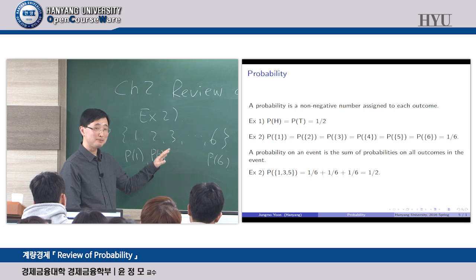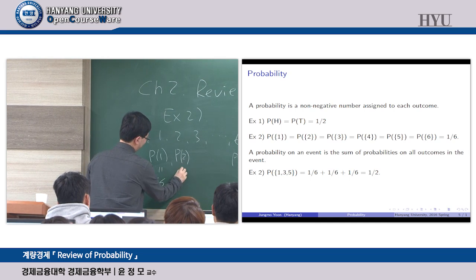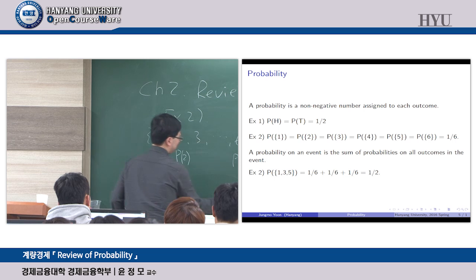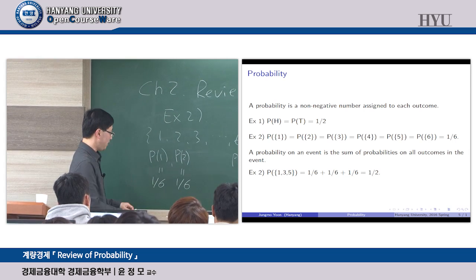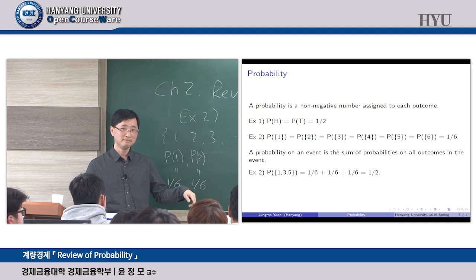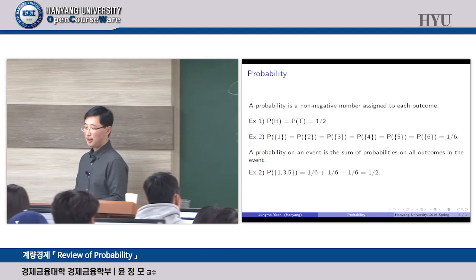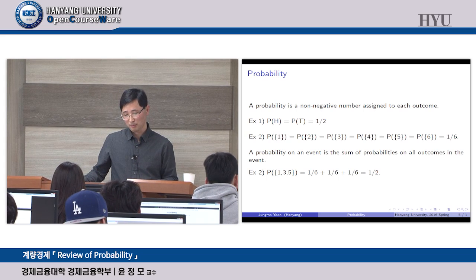So the probabilities must be equal and sum to 1. So the only reasonable choice seems to be 1/6. Non-negative numbers, every outcome gets one number. They sum to 1, and they're equal, meaning that it's fair. Okay? So that's how we determine a probability.